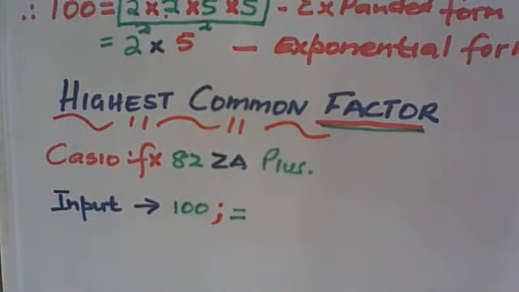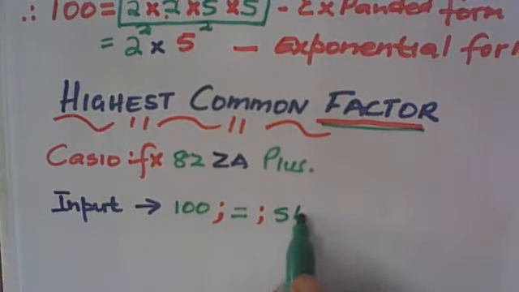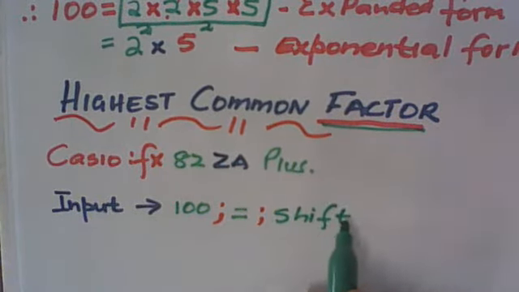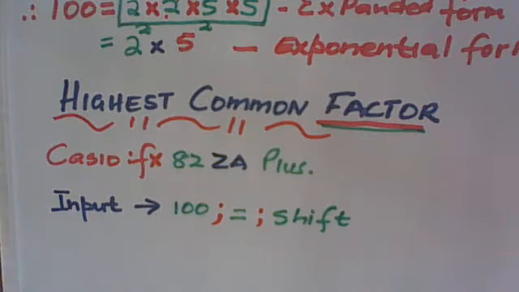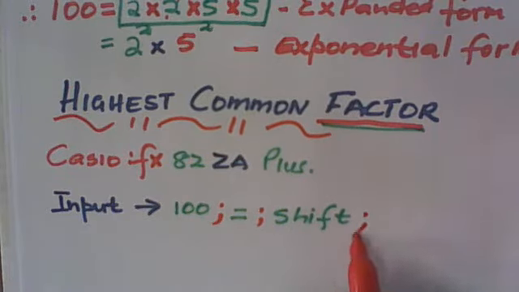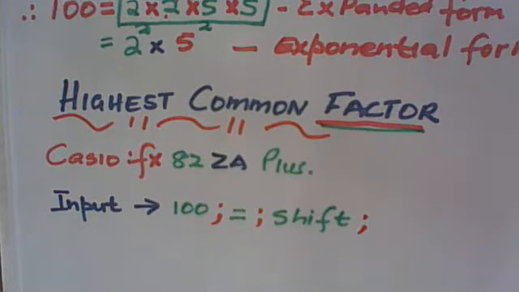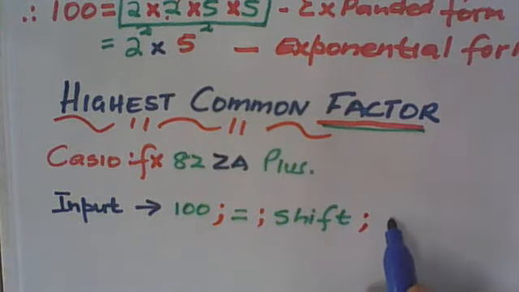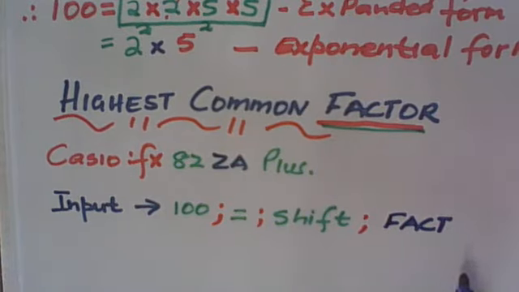and then shift, at the top left corner of your calculator, and then fact. This you'll get on the cover of your calculator, just below this button.